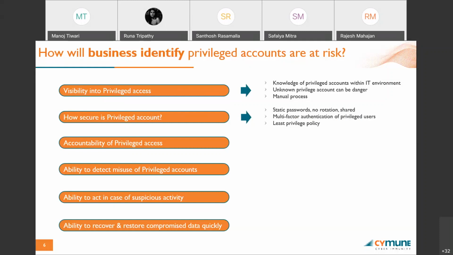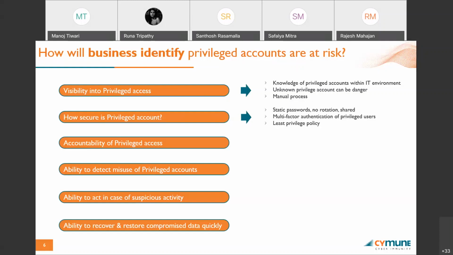Very often we have seen these privileged accounts are shared, then you don't get the accountability and you don't have multi-factor authentication for each account on each device. And sometimes you might find that the passwords of these accounts are not rotated according to the company's policy. You may have a 30 days or 45 days password rotation policy.